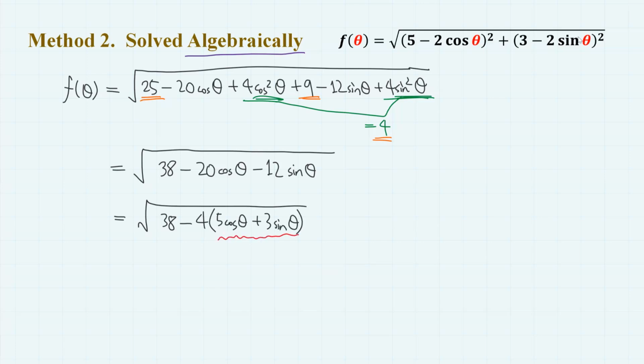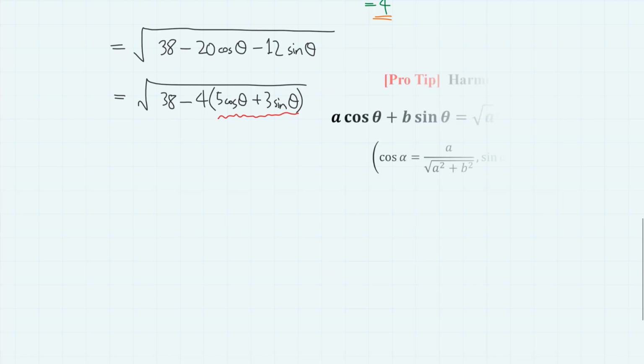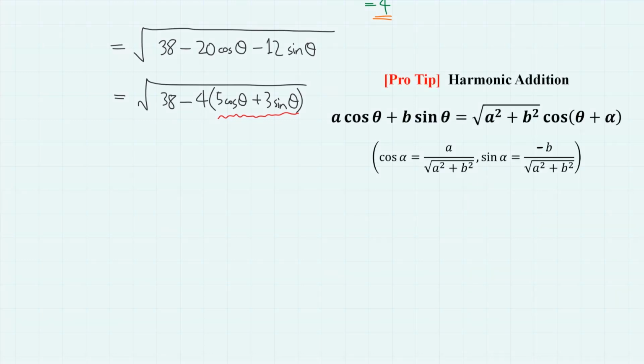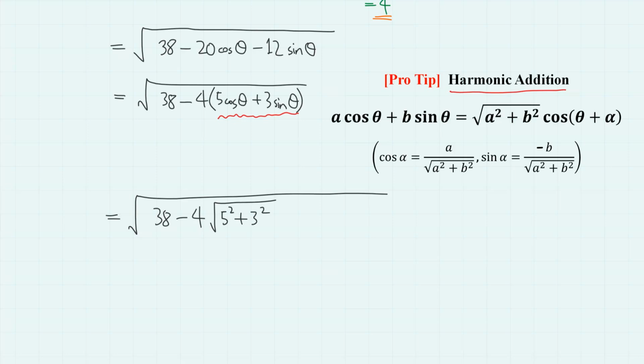This is one of the very famous expressions in trigonometric optimization problems. This is the type of problem where we can apply the harmonic addition of trigonometric functions. Therefore, we have square root of 38 minus 4 times square root of 5 squared plus 3 squared, then cosine of theta plus alpha.